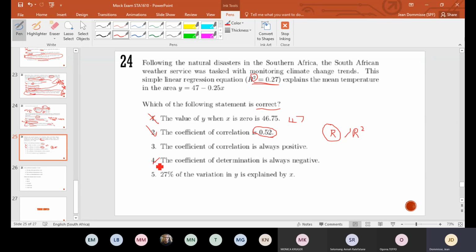So that one is incorrect. The coefficient of correlation is always positive? That's also incorrect because it can be positive or negative. And then, 27% of the variation in y is explained by x. Is that true or false?